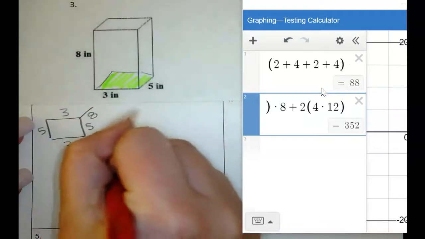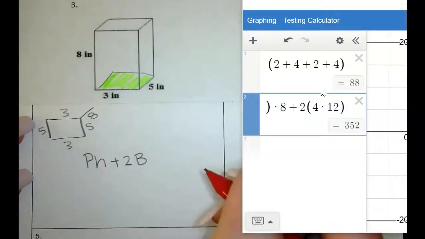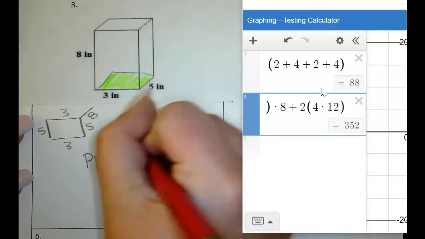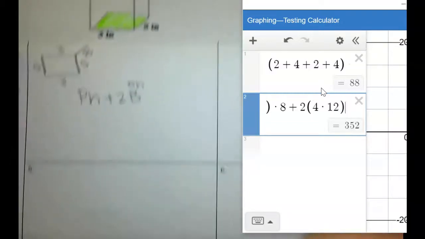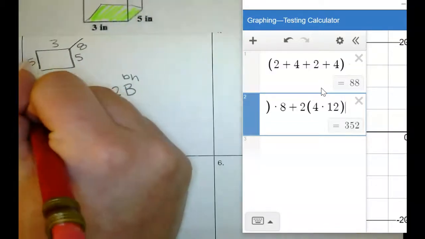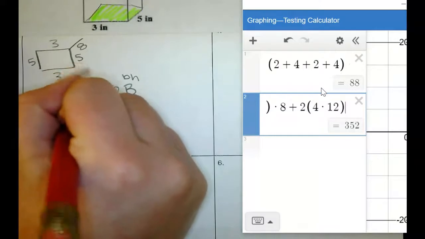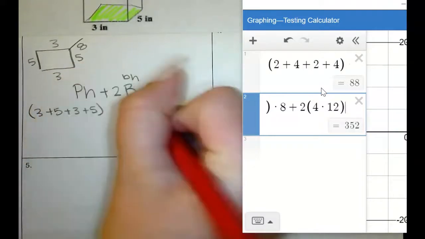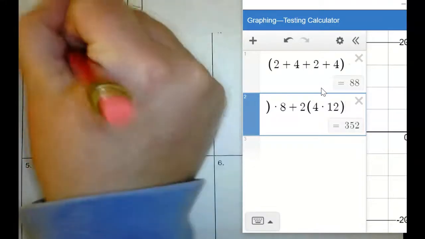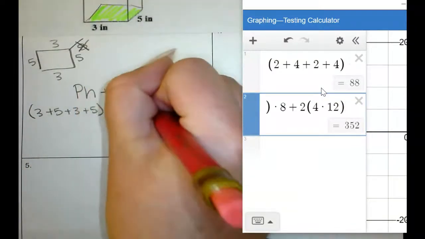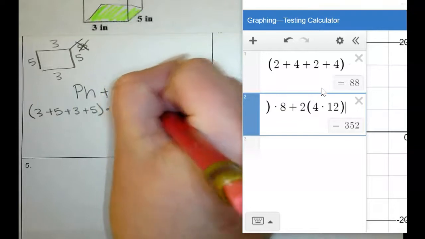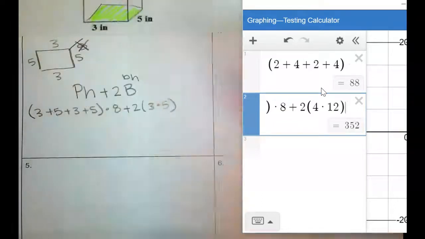Then write your formula: capital P H plus 2 big B. Remember, our base is a rectangle, so we're going to write little b, little h above. For perimeter, open parentheses and find the perimeter: 3 plus 5 plus 3 plus 5 times your height of 8, put an X, plus 2 times 3 times 5, close.